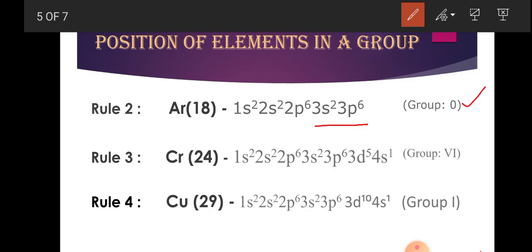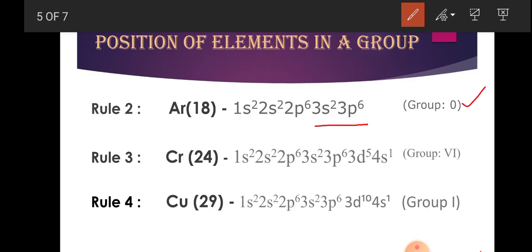Now, rule 3: if the outermost energy level of an element consists of an s orbital which is preceded by d orbital in the inner level, then the total number of electrons of these outermost d and s orbital indicates the number of group of that element.